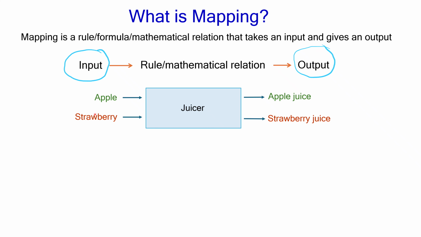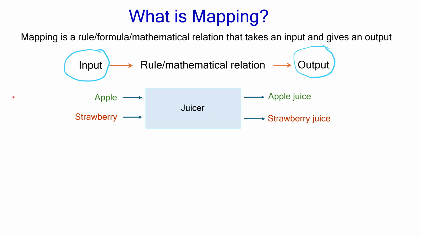Similarly for strawberry, we get strawberry juice. So if we compare this example with this thing, we can easily get that apple and strawberry are input, and apple juice, strawberry juice are output. And where is the mapping? Mapping is basically this part, this is the juicer.